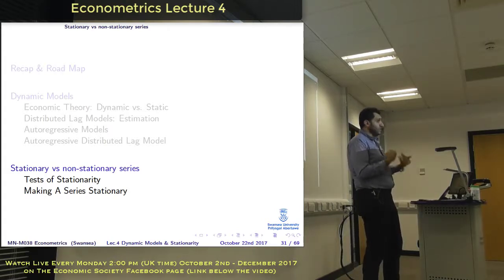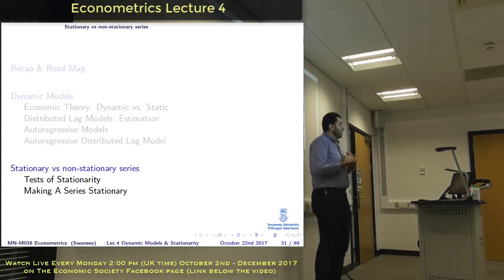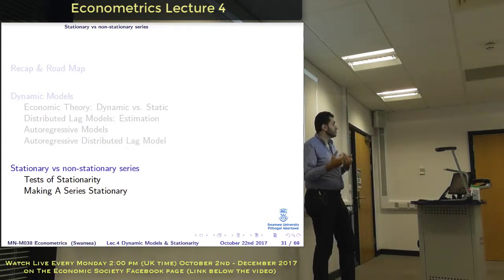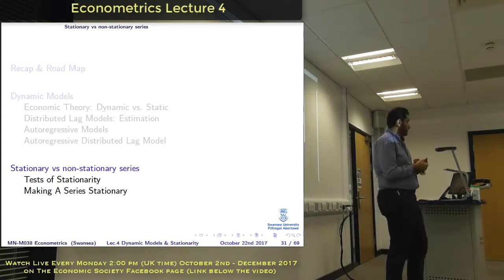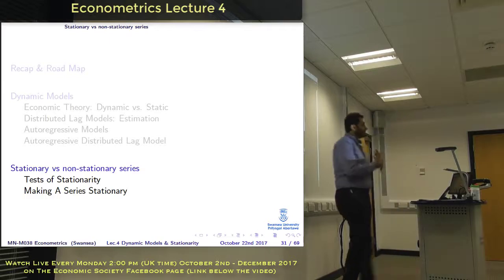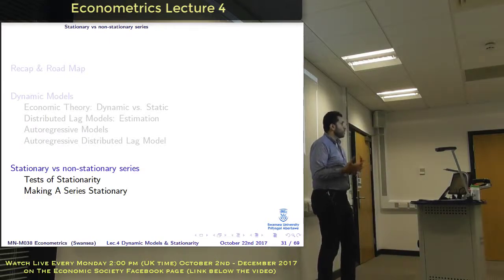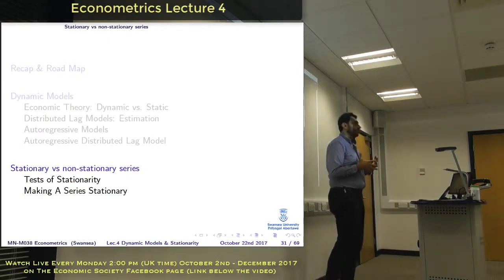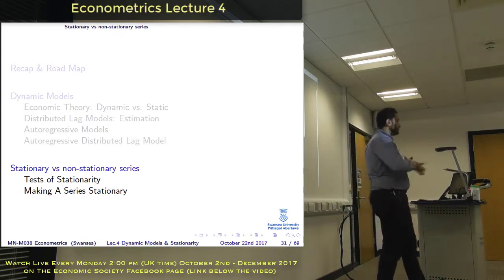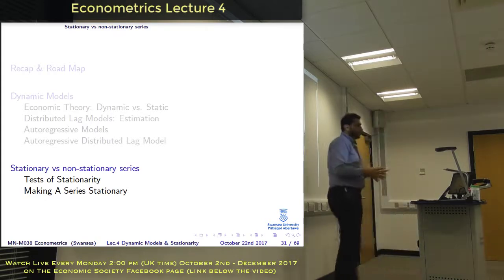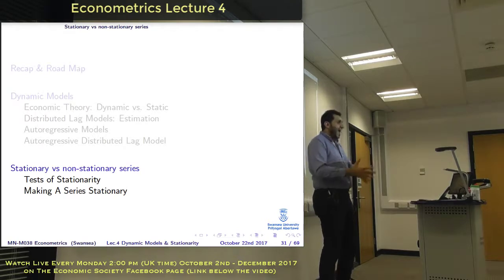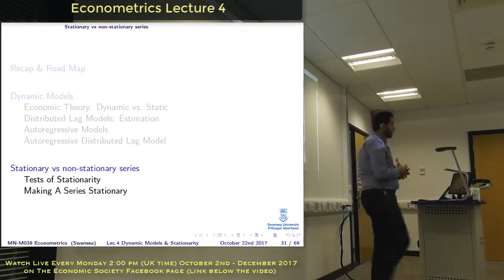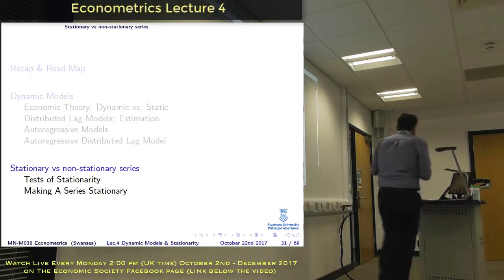When we do that, we transform the DL model with an infinite number of lags into an autoregressive model where we have only 3 parameters to estimate. Again, we have some issues, and we discussed what these issues are. Then we moved to the model that combines these together, the AR process, the autoregressive part, and the distributed lag part. This is the ARDL model.